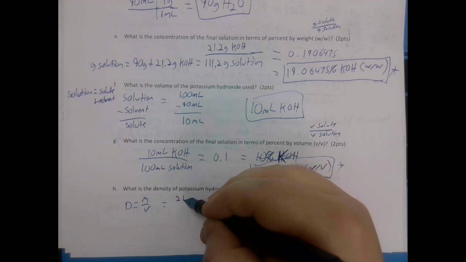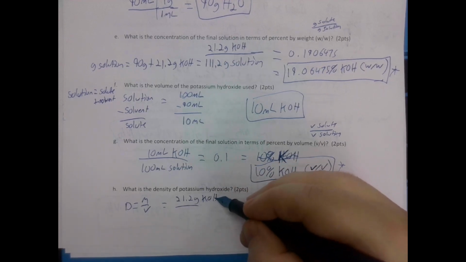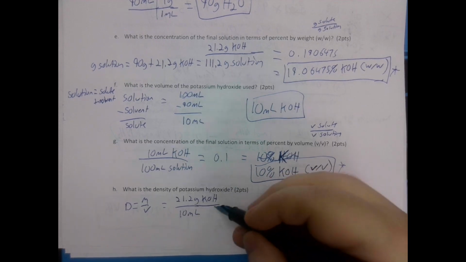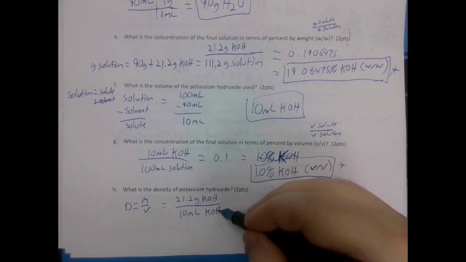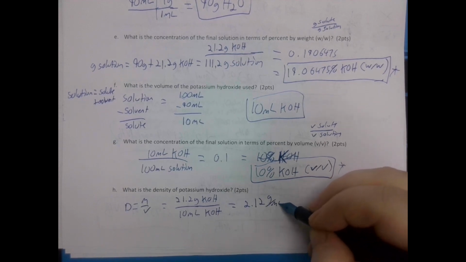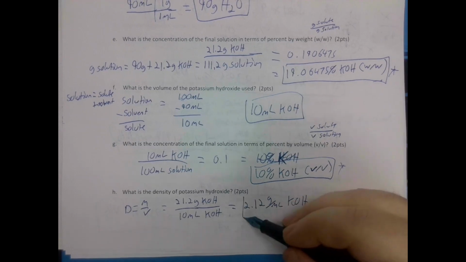Potassium hydroxide was 21.2 grams, and it was contained in 10 milliliters. So we have a density of 2.12 grams per milliliter, the density of pure potassium hydroxide.